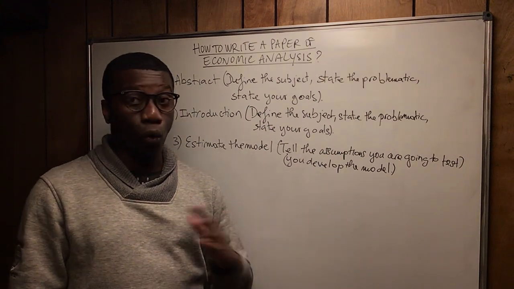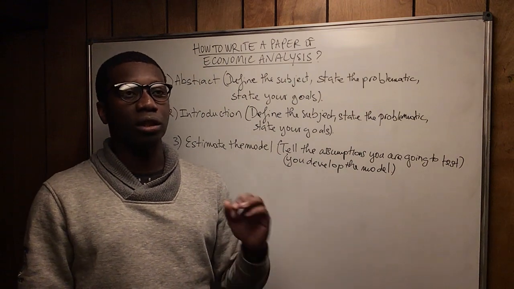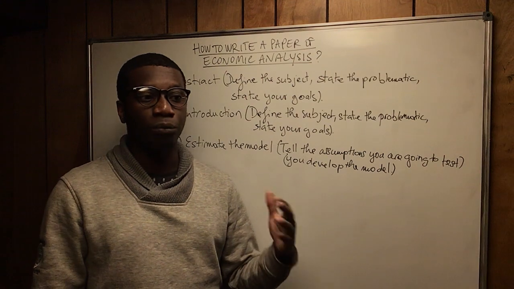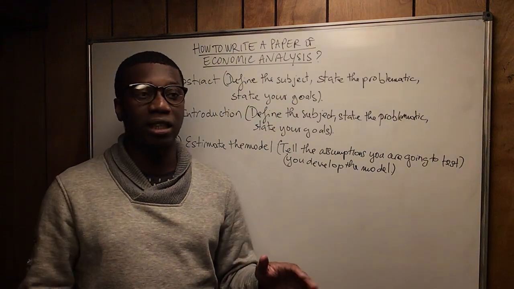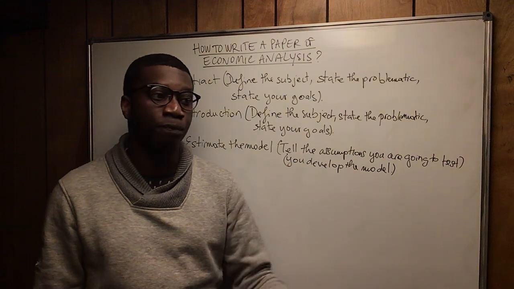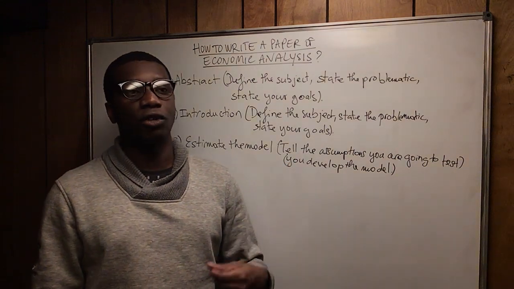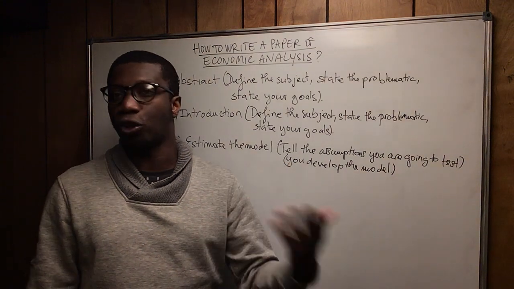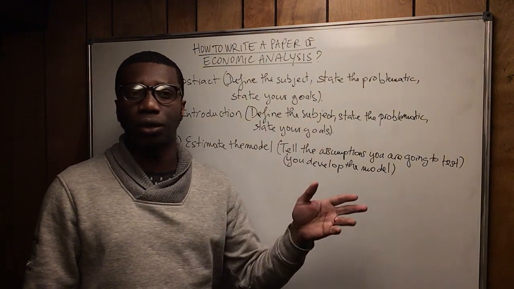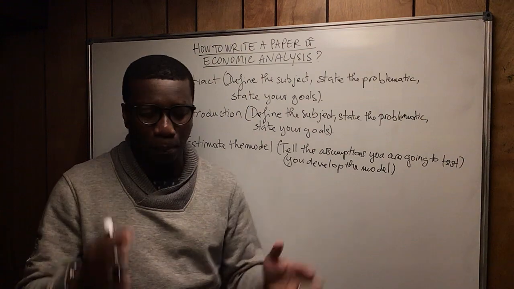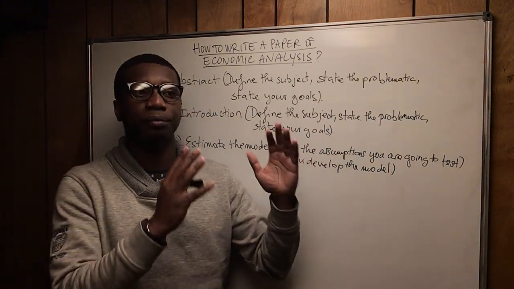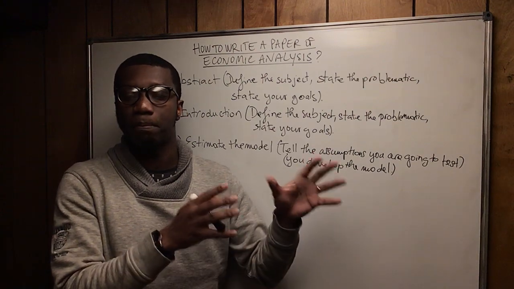If you really don't want to use math at all, I know there are two journals where you can publish your paper without any mathematics. One is the Independent Review, which is a libertarian journal, and then you have the Journal of Austrian Economics, and you also have the Quarterly Journal of Austrian Economics or something like that. I'm not sure about the name, but they're Austrians. That's where you can publish your paper without having mathematics.